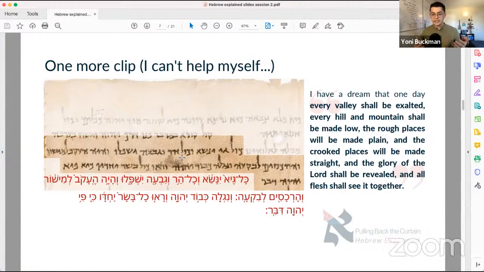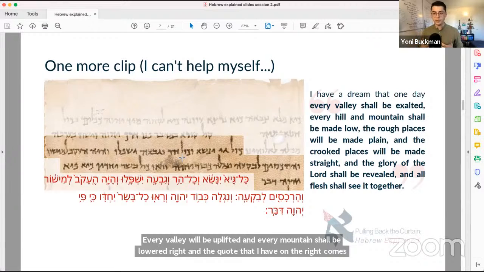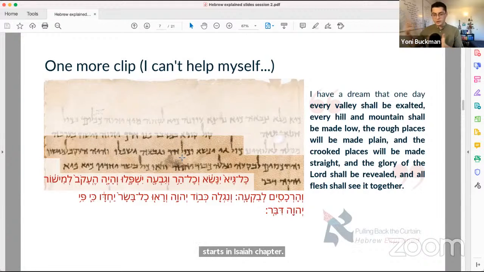So it made sense for Dr. King to pull from that at the end of his I Have a Dream speech when he's talking about a brighter future. So here you have essentially letter for letter, word for word, this ancient recording of the book of Isaiah. I think it's cool that we still have that.